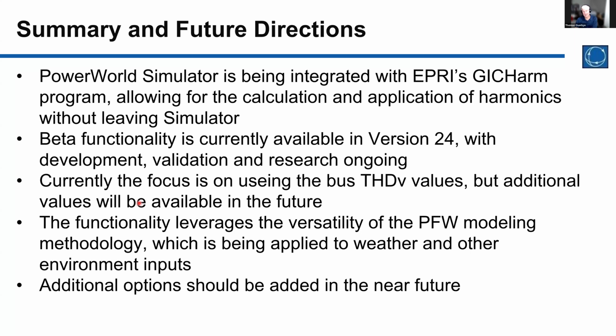I've been testing it on the 2000 bus synthetic grid, and the next step is to test it on larger grids like the WCC. I should say that GICHarm and PowerWorld provide the option to only export a portion of the grid, and that's most likely what you would want to do. Because if you're doing harmonic analysis, you probably don't want to do a whole interconnect.